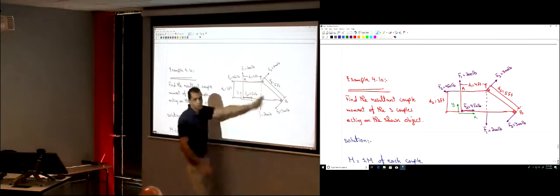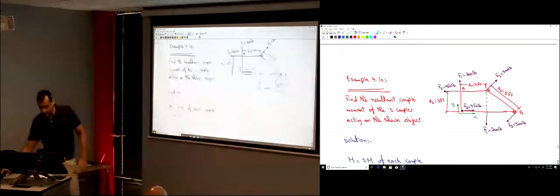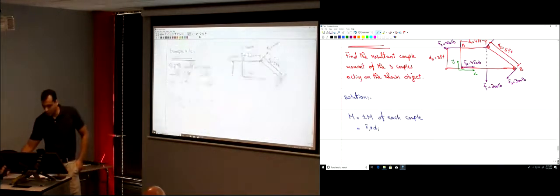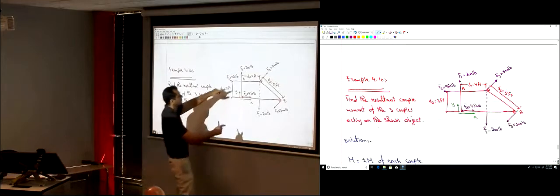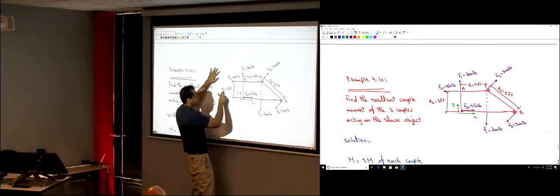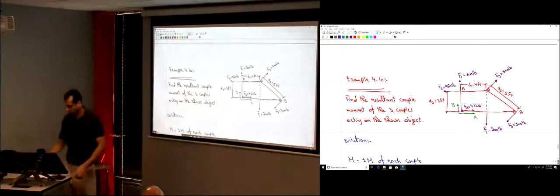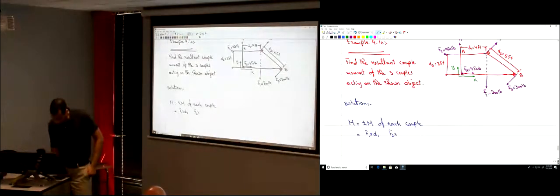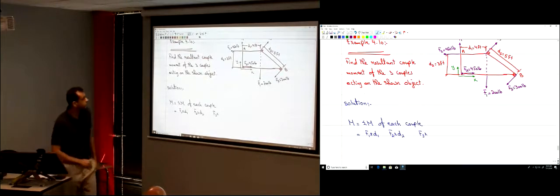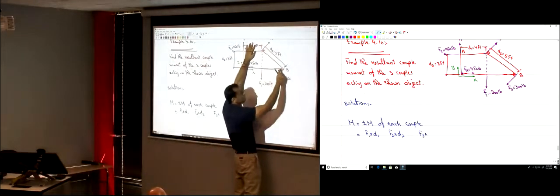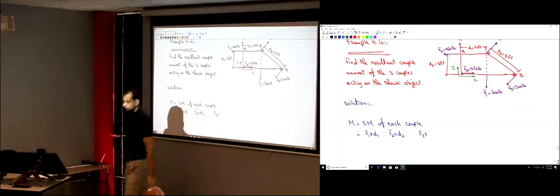D1, 4. So it's simply F1 times D1. What about the 2 forces F2? I have to multiply F2 by D2, the 3 feet. And then F3. Those are F3. What's the distance perpendicular to their line of action? 5 feet. D3, the 5.